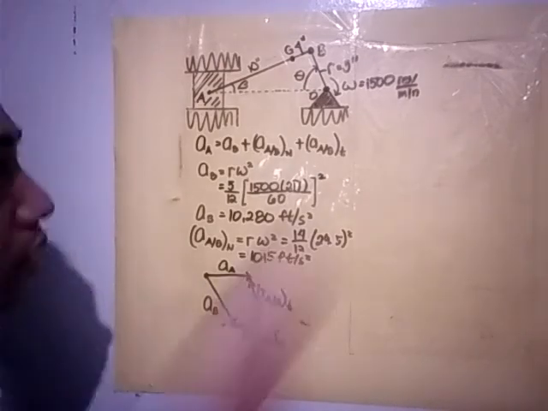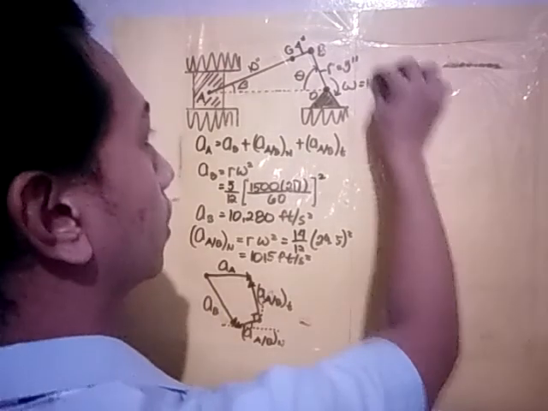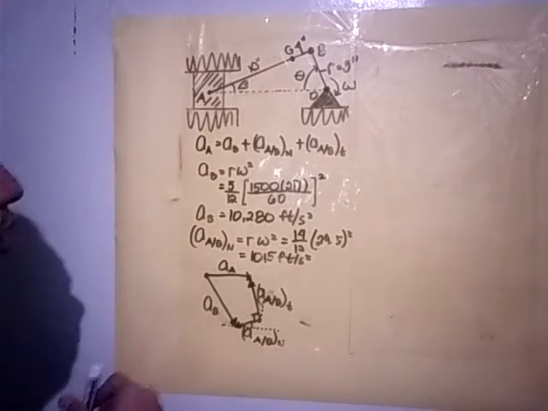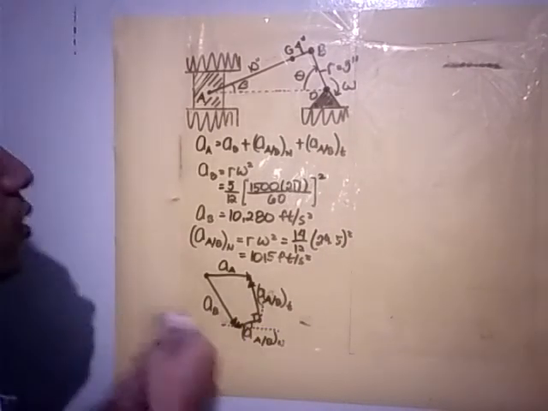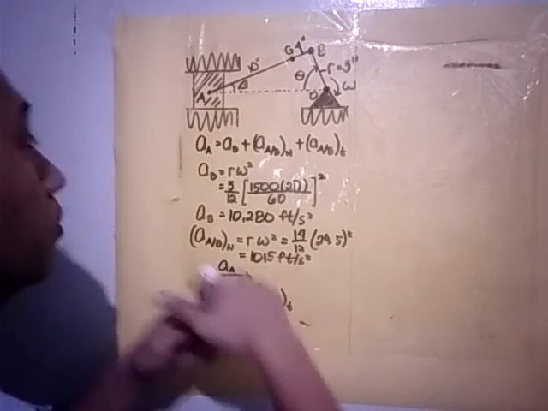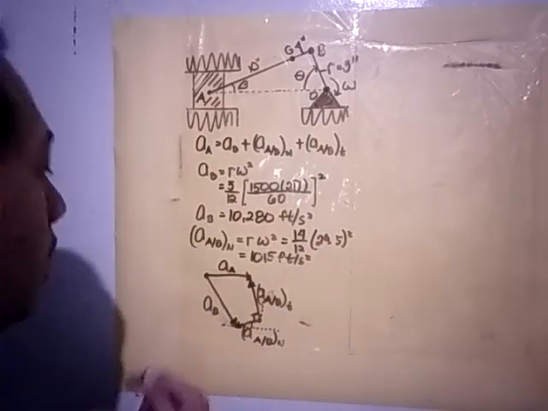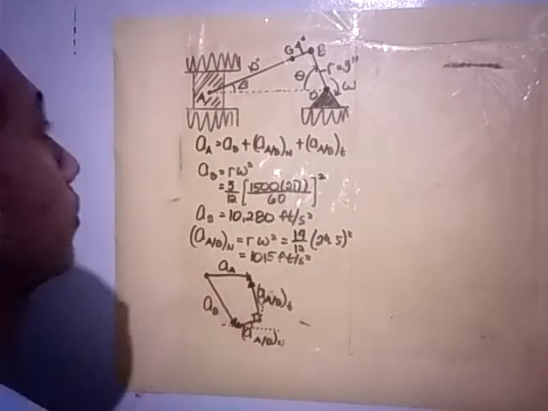So first, I'll erase this one because we already know that our angular velocity is 1500 revolutions per minute. So, continuing, solving for the angle beta.